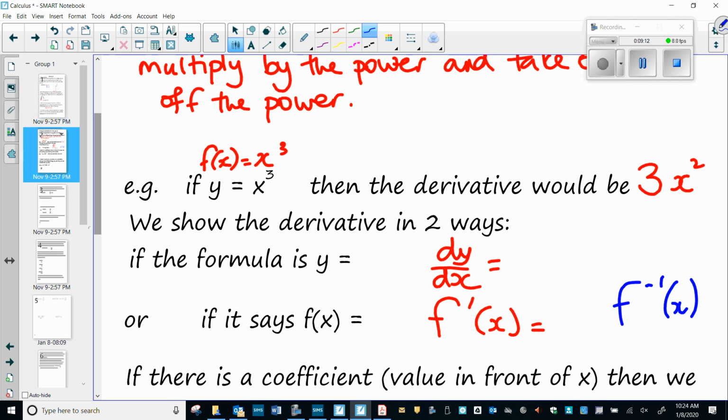If they've asked you to find f minus 1 of x, make sure you're finding the inverse. Just be aware that these look similar, but they are completely different. If the question just says find that thing, then it's easy to get confused, so try not to do that.